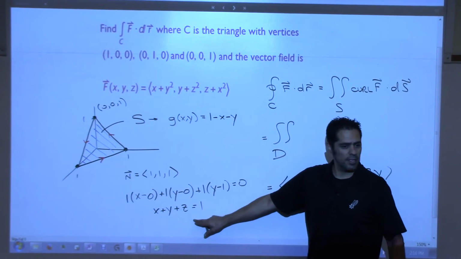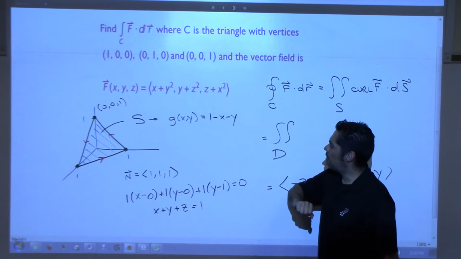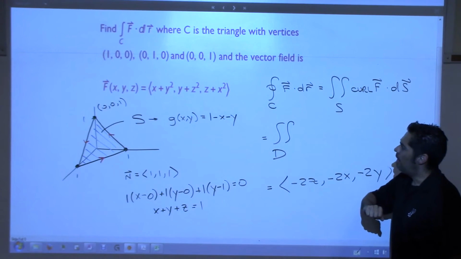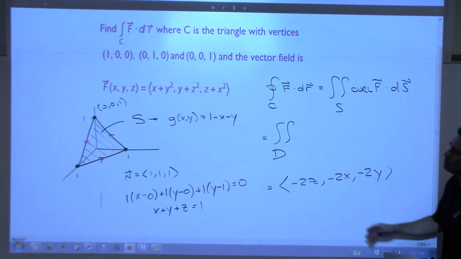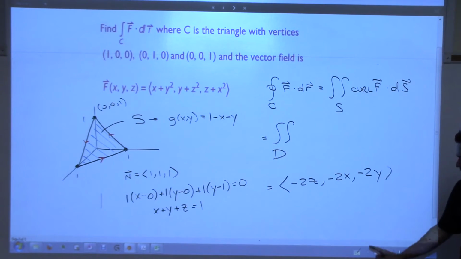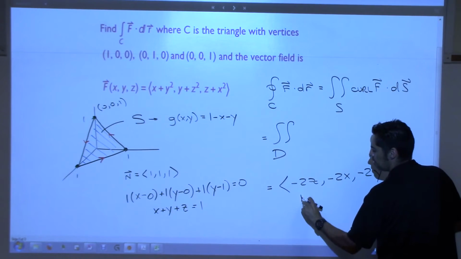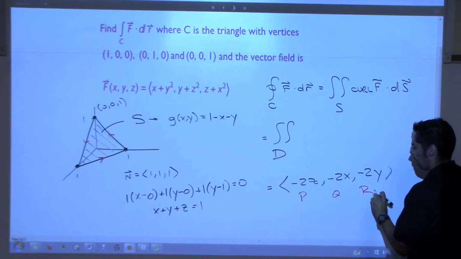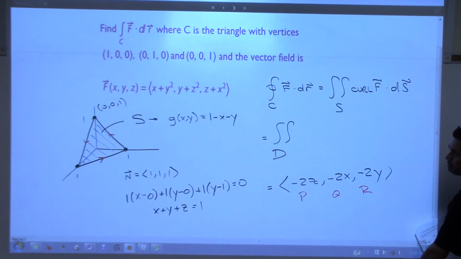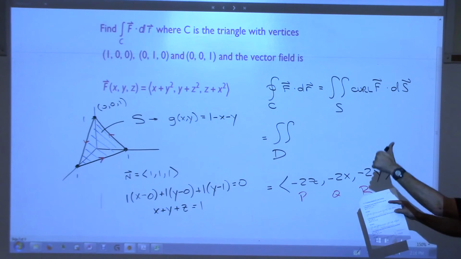That's the solve for z. So there's my special function of x and y. And what's my P, Q, R? Don't make that mistake: P, Q, and R come from your curl. So this is my P, Q, R. And I'm using g of x, y, the top one. My normals are pointed up.